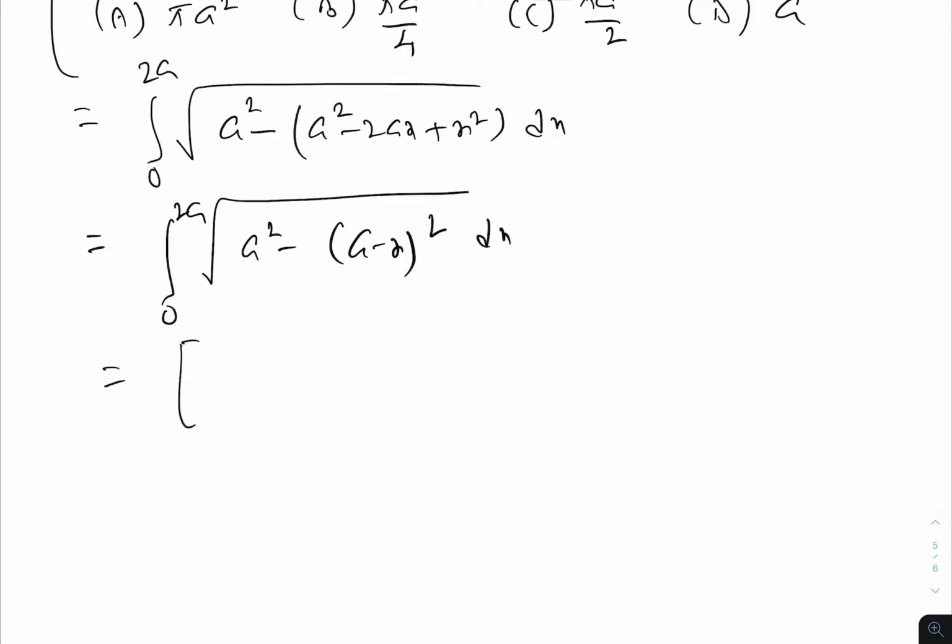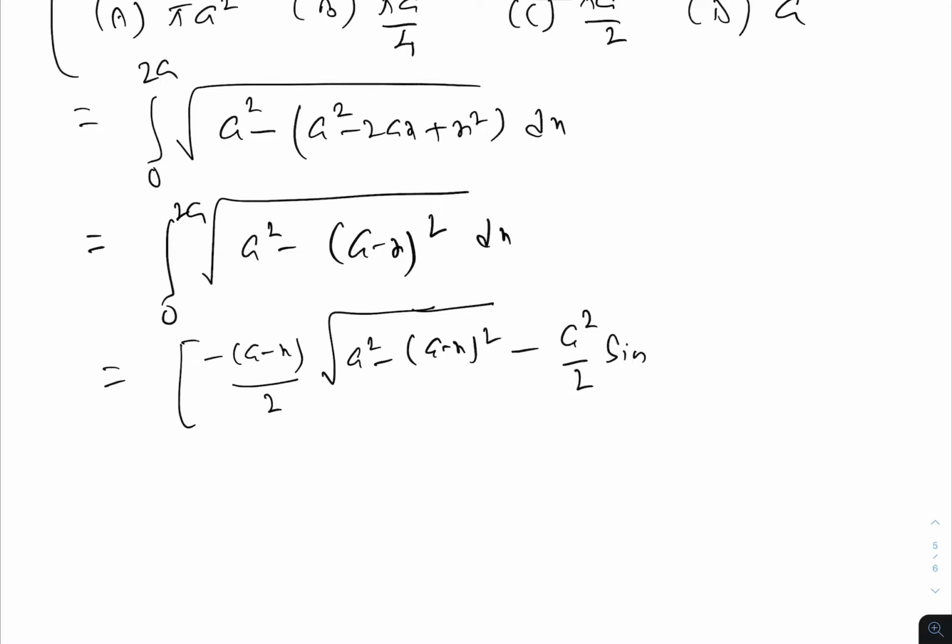So, that integration is, what is the formula? You just recall that formula and you will get the answer as minus a minus x by 2 root of a square minus a minus x square, then minus a square by 2 sine inverse a minus x by a, sorry, and that is 0 to 2a.